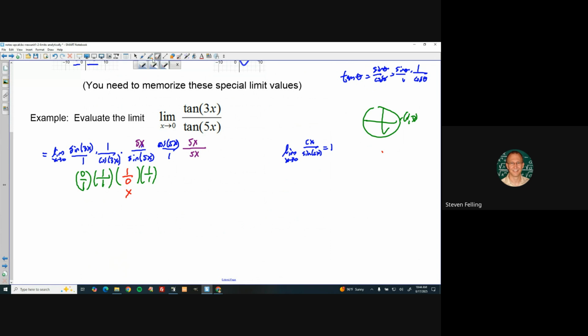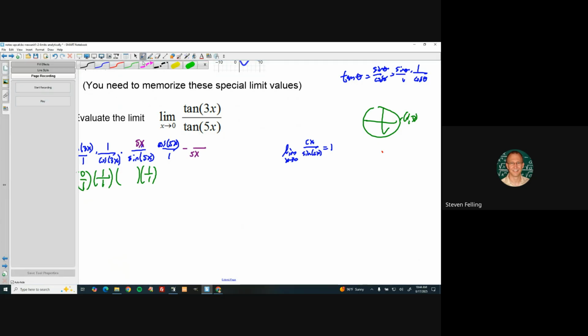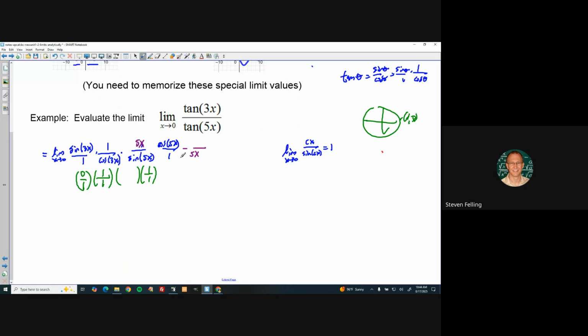Now let me erase a couple things here. So that 5x is gone, and this is going to change, right? Sorry, I'll make this readable. Okay, so now what do we have here? We've got this limit as x approaches 0 of 5x over sine of 5x, which since that structure is just the limit 1, it's been made into something that's okay.